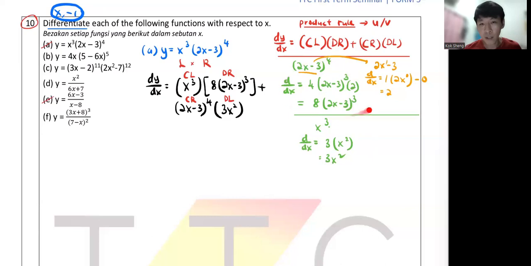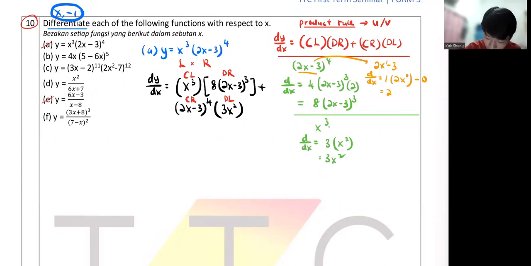No. Just go for outside, inside. So actually, the product rule is not that confusing, you just have to recall the basics, the one without bracket and with bracket. These 2 only. If you know these 2, then the product rule and the quotient rule should be no issue for you.